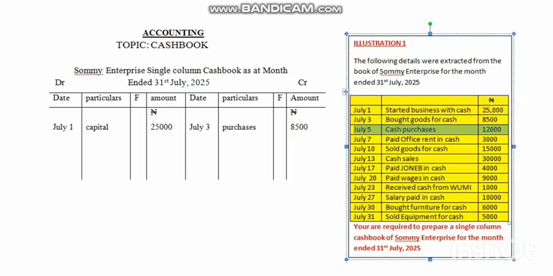That is what is called cash purchases. So it is the same thing as the previous one. Cash purchases or bought goods for cash, they are the same thing. Therefore, you write cash purchases of what? 12,000 naira. So July 5th.